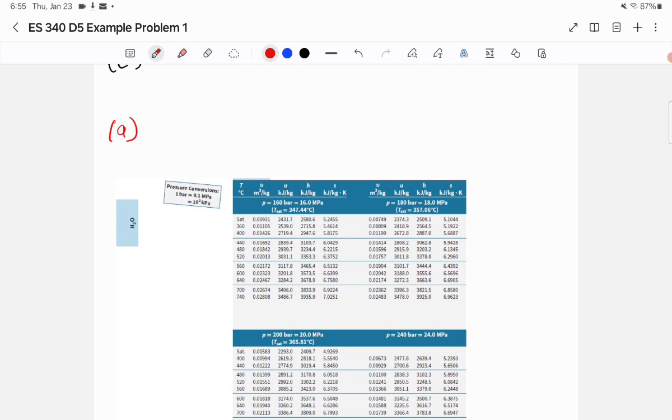So this is actually the superheated vapor table A4 in your textbook. Now, we can verify that it actually is a superheated vapor, and I'll show you how to in a moment.